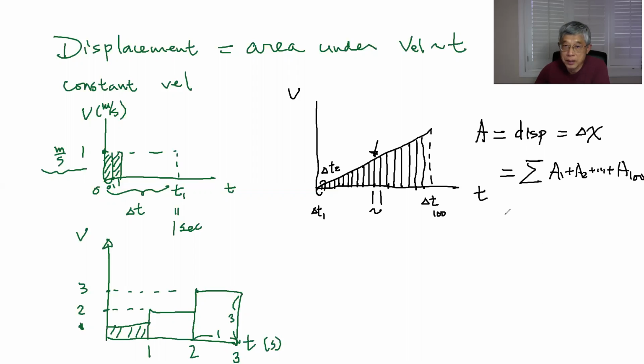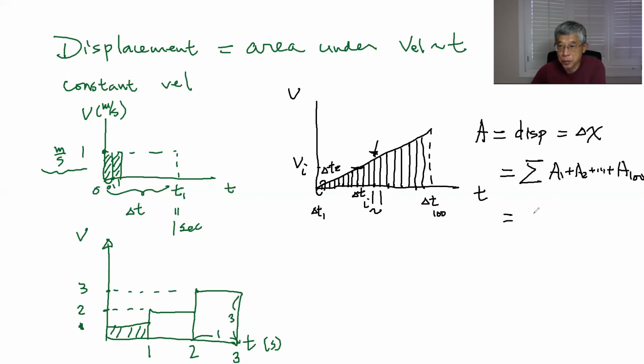Let's say at this one here, we call it delta T i. This velocity is almost constant if you break it into pieces, and I'm going to call it V i.